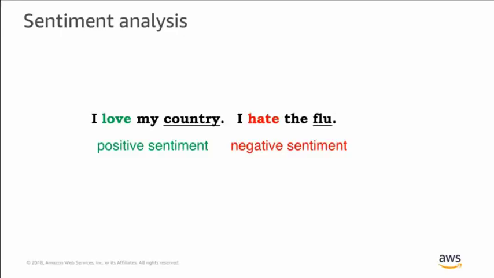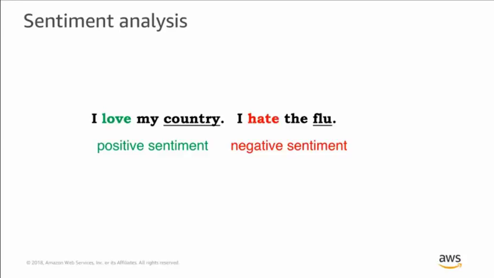For example, if I say I love my country, that is a positive sentiment, whereas I hate the flu is a negative sentiment. Obviously, this is easy to understand because of the keywords here, love and hate. It's not always as simple because you could have complex sentences. So you could say, I love to hate a movie, and these things make it more complex.